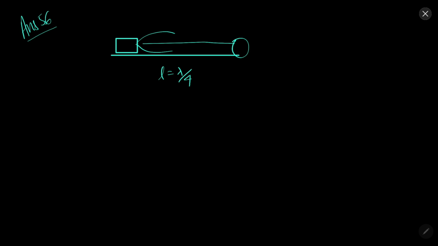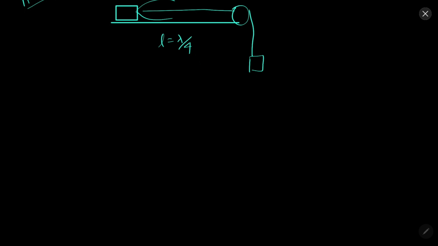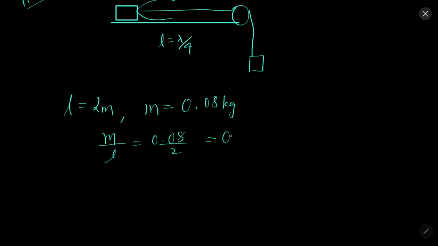Now this is L is equal to lambda by 4. Length of rope is 2 meter, mass is 80 gram, that is 0.08 kg, mass per unit length is 0.08 over 2, that is 0.04 kg per meter.